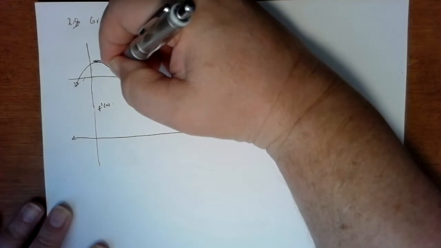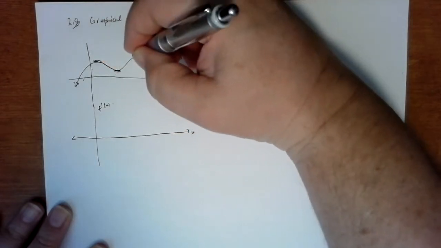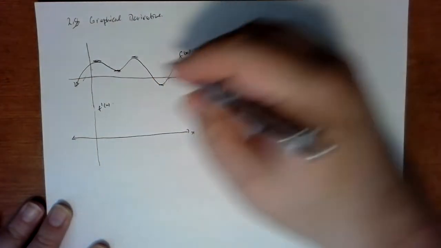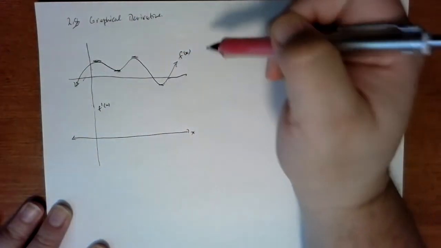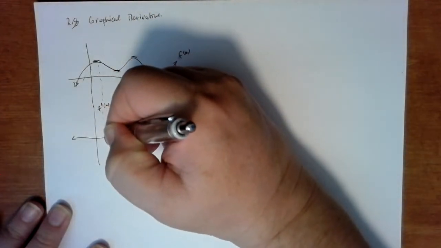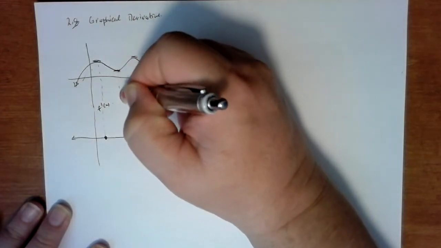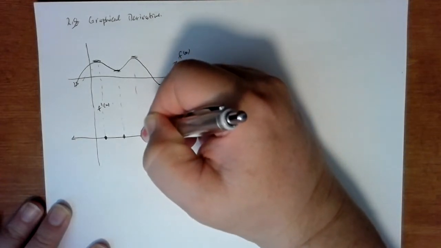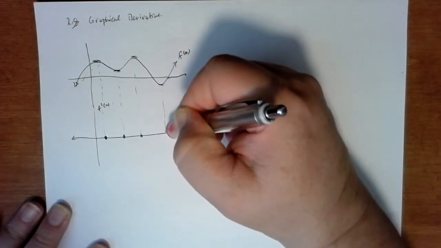Zero slope there, zero slope there, zero slope there, zero slope there. I like to start with the places where the slope is zero. So let's write those in. This is going to be zero here, zero here, zero here, and zero here.